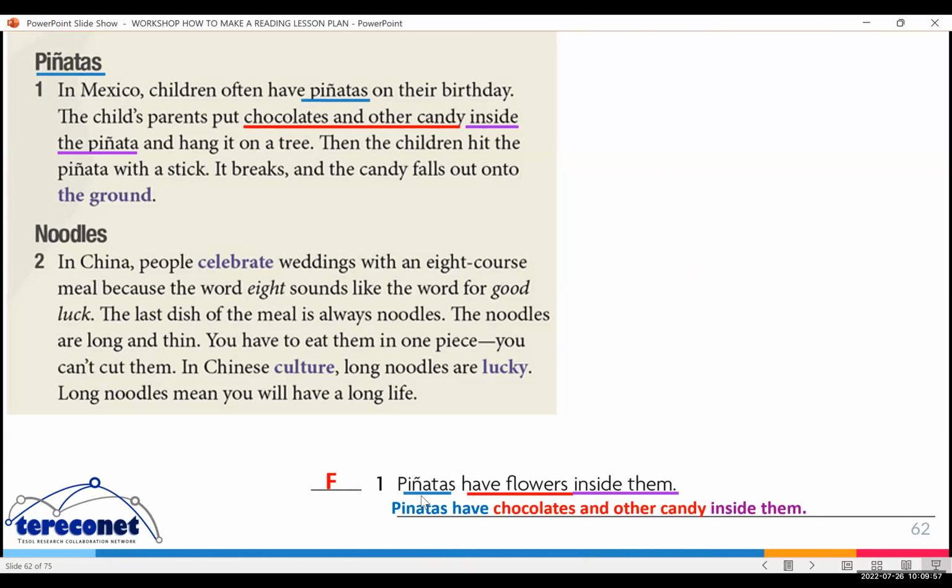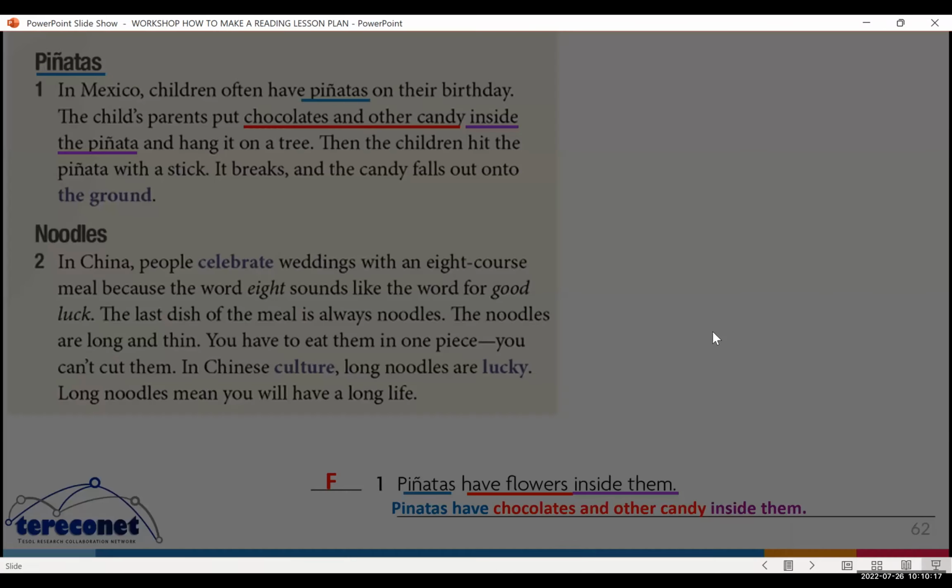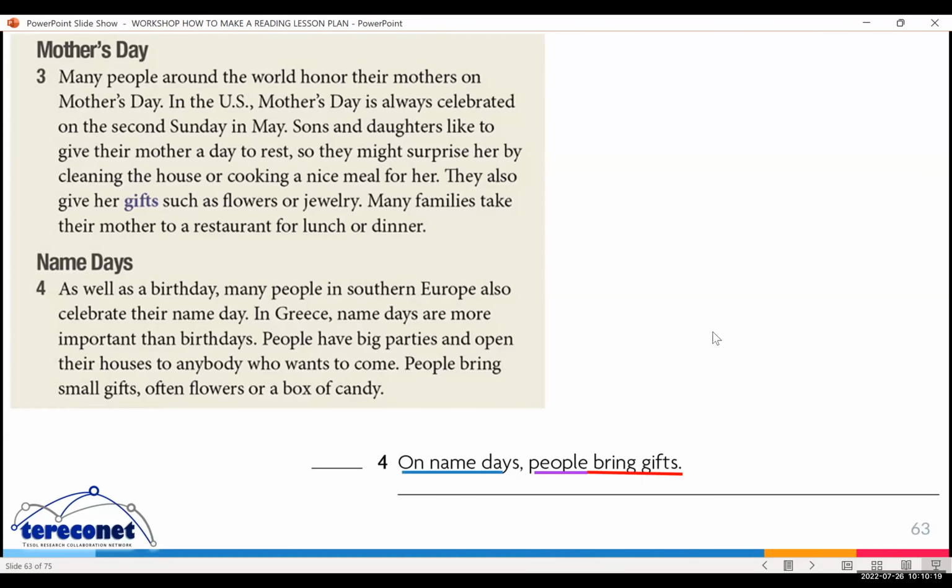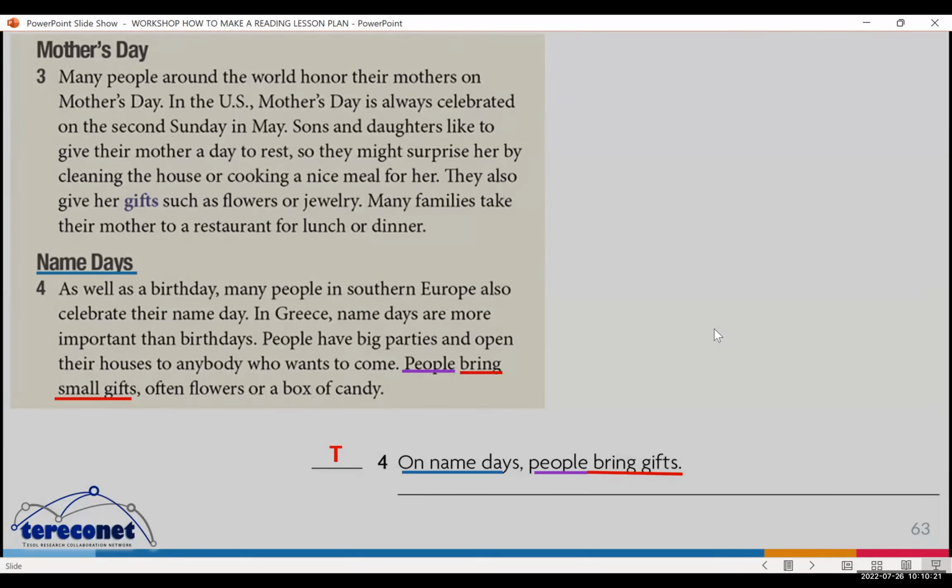They see the word pinata, so they have to scan for the word pinata. And then they will read the paragraph more carefully to figure out if they have flowers or other things inside the pinata. So if it is false, they have to write the sentence again. So one example for false sentence, another example for true sentence.